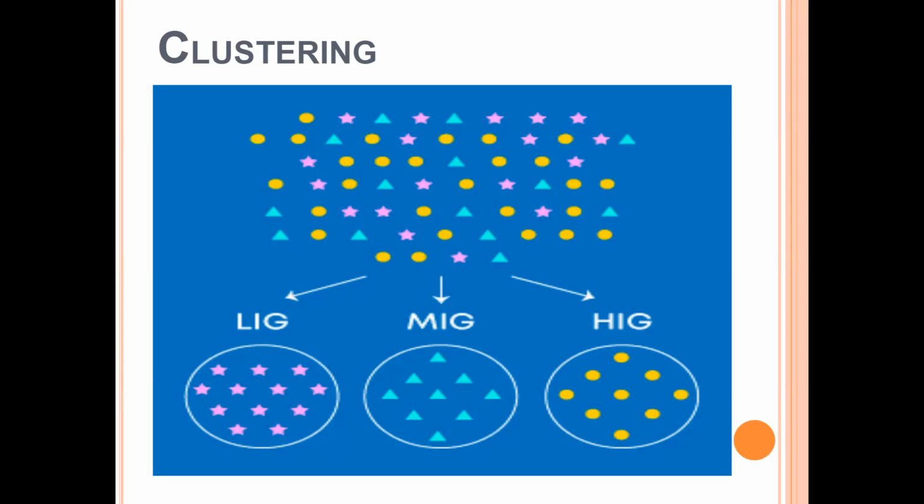Now we are segregating our customers according to the similarities. So now you can see that we are having different kinds of data, like the yellow circles, the blue triangle, the pink star. So according to their similarities, we have segregated them in three different clusters. So that is what clustering actually is.